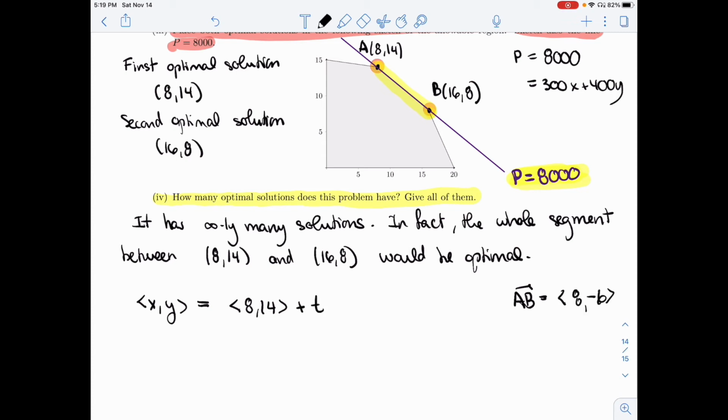So plus T times (8, minus 6). I don't want to include all values of T because most of the line is not in the allowable region. So I want just to start here, which is really T equals 0, and end here, which is T equals 1. So I'm going to take this for T in [0, 1].